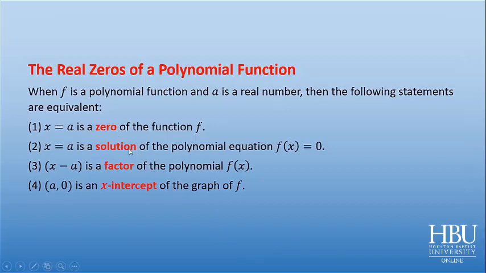Be familiar with all of these terms and understand that this essentially is 4 different ways of saying the same thing, or making statements that are mathematically equivalent, provided that a is a real number.